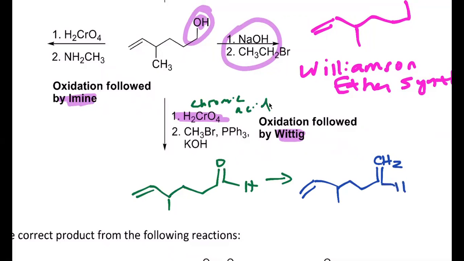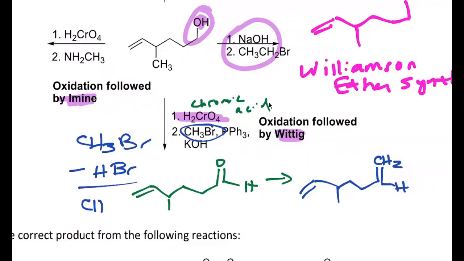You see what I did? If we're not asking about the mechanism, all I need to see is the alkyl halide. If I subtract out an H and the halogen, what I'm left with is what I'm replacing oxygen with. So if I take the CH3Br and I take away HBr, this is not math per se, what I'm left with is a CH2, and that is what's going to replace oxygen.